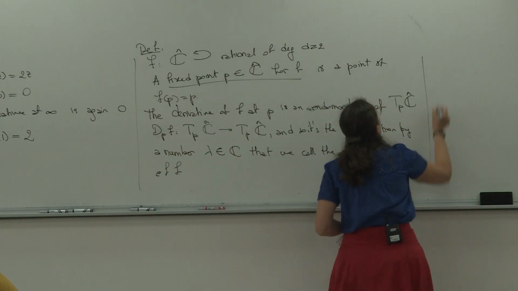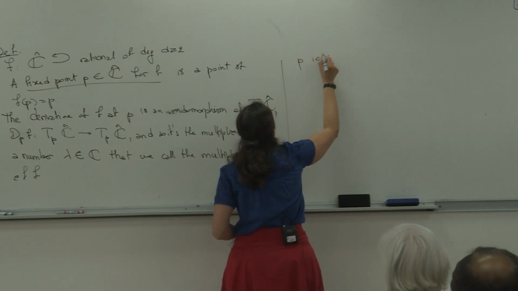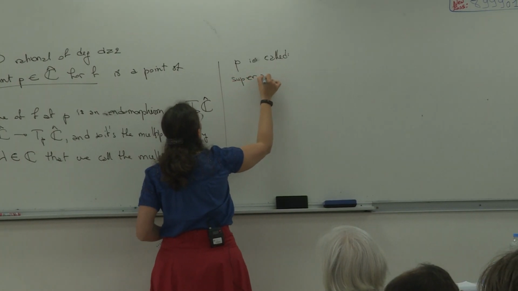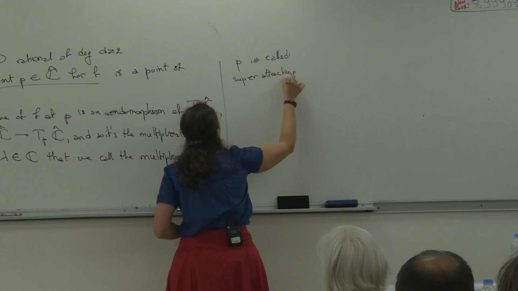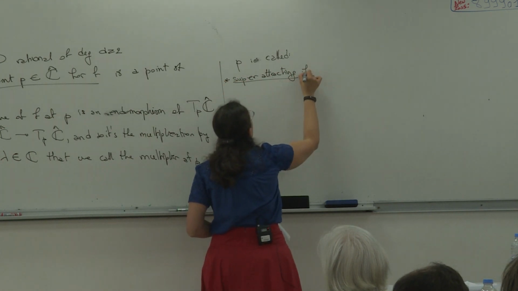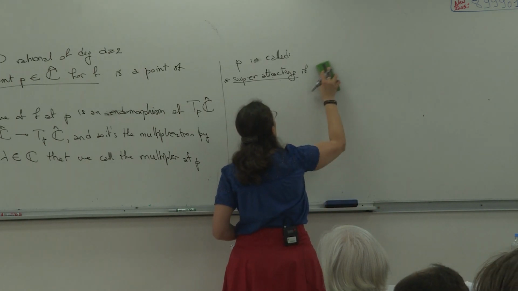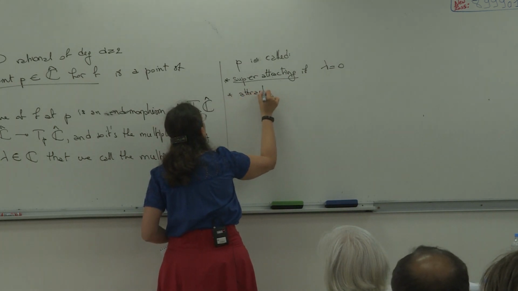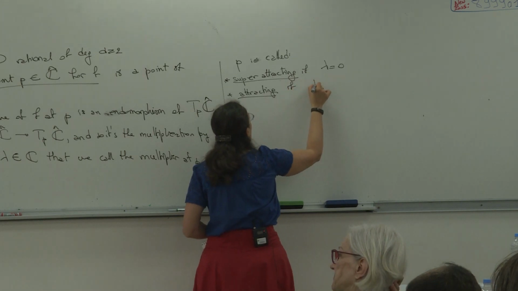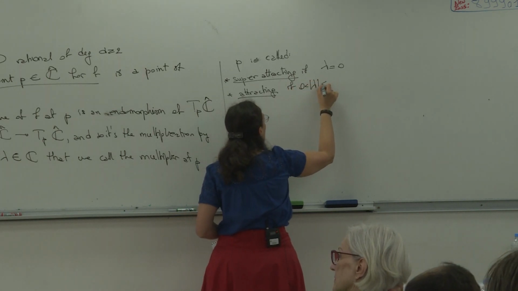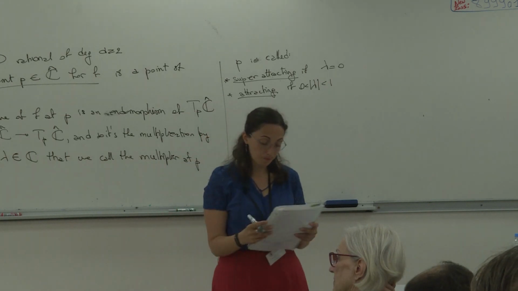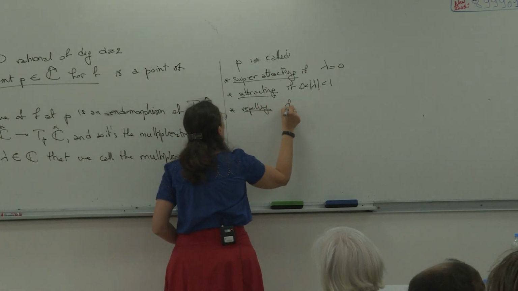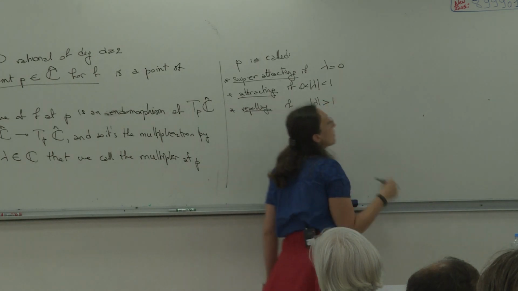And p is called super attracting if the multiplier lambda is 0, attracting if the multiplier has modulus strictly bigger than 0 and less than 1, repelling if the multiplier has modulus strictly bigger than 1.